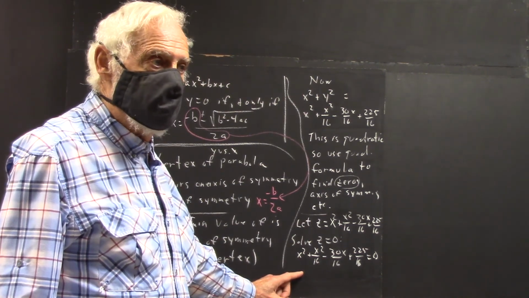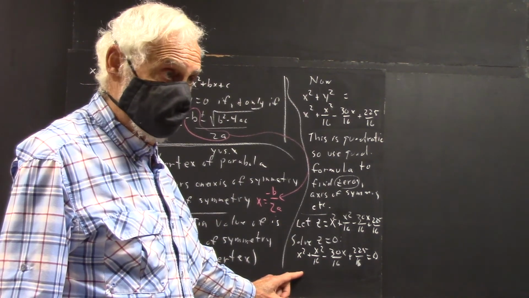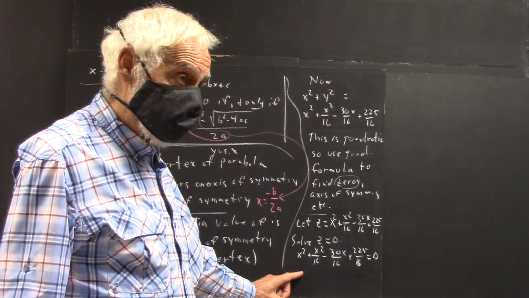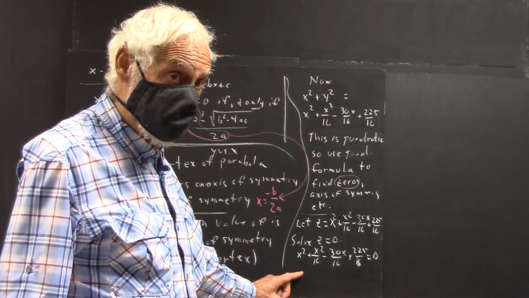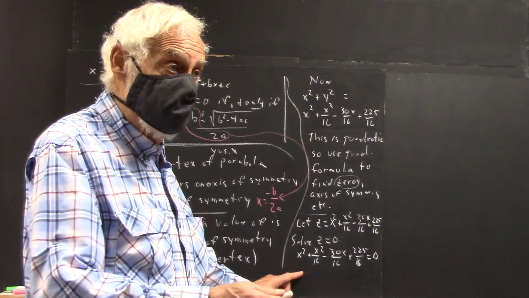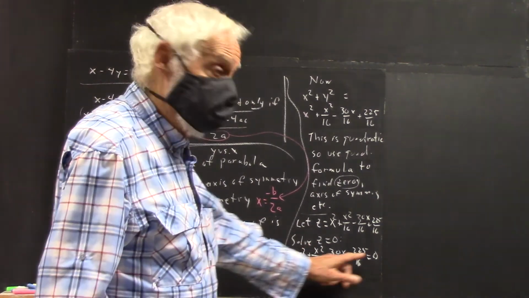We multiply by denominators. Because in a fraction, if we multiply by a common denominator, we're going to clear out all our denominators, and we're not going to have these fractions to mess with.